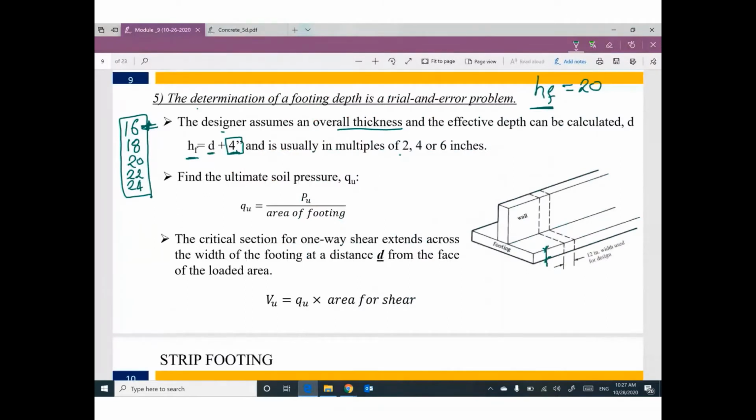The following step, we need to get the ultimate pressure under the footing. Ultimate pressure means I'm gonna use the factored load, which is 1.2 dead plus 1.6 live. So guys, we have two steps right now.